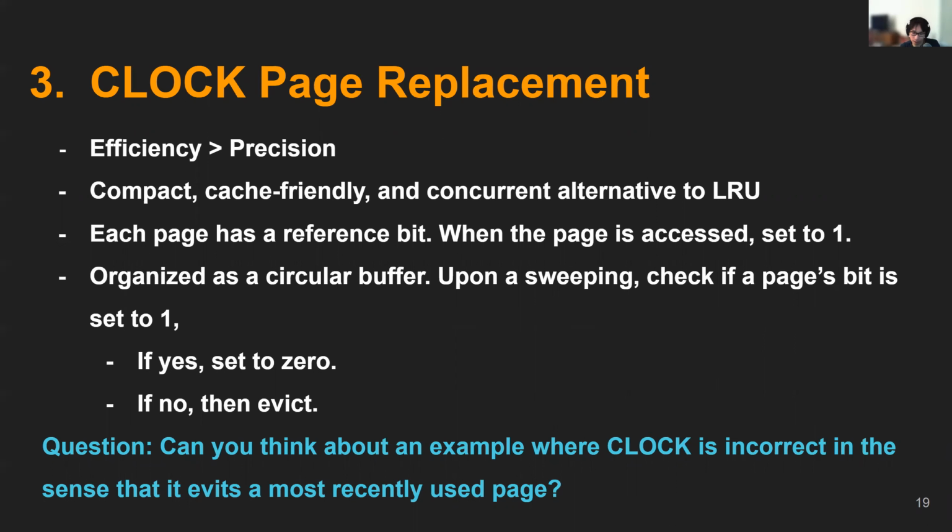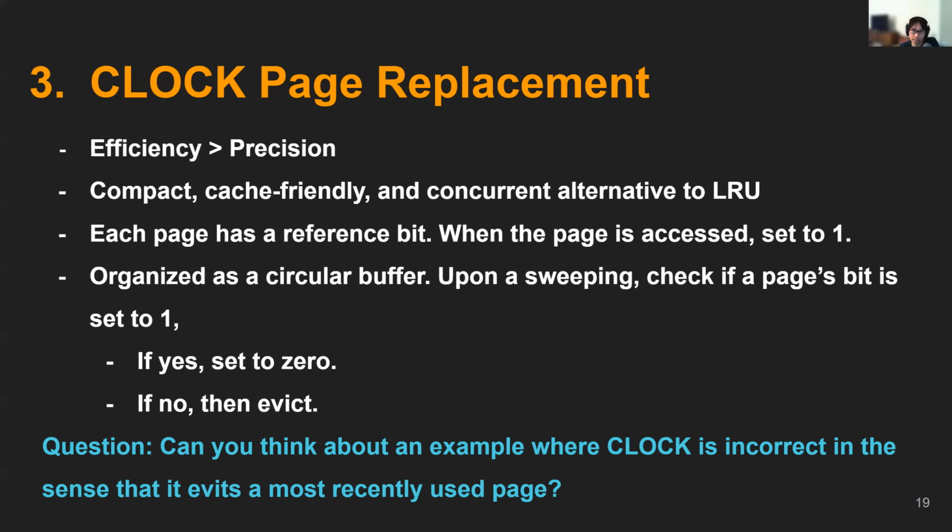And if the buffer is full, then you have to evict something, right? So you start your eviction algorithm, and the eviction algorithm goes by sweeping the pointer in this circular buffer from, I guess, 12 o'clock all the way back to 12 o'clock. That's where the clock name comes from. Upon sweeping, if the page bit is set to 1, meaning that the page has been accessed, you set it back to 0.